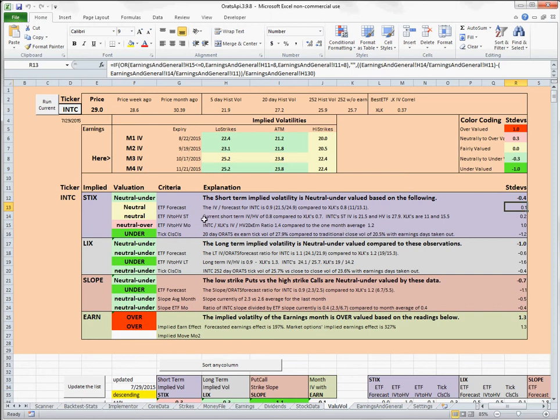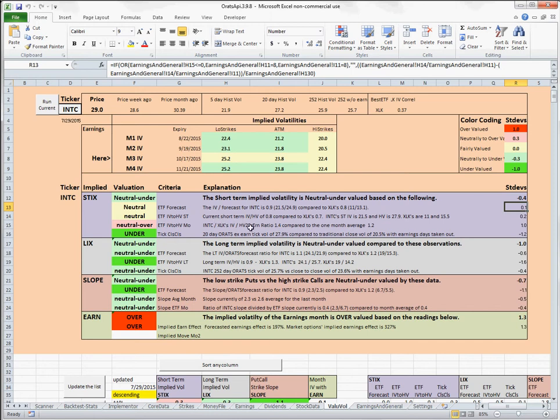And then we will compare that relationship for the short term. So the current short term IV HV compared to the XLK's. Now this is different from the implied divided by forecast. This is implied divided by historical volatility.